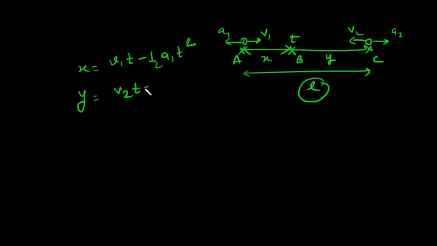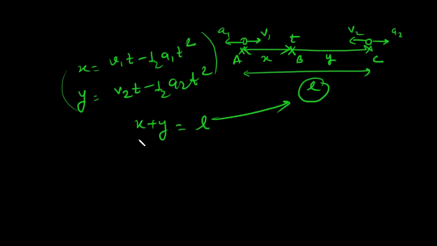Y would be v2T minus half a2T square. Why same T? Because they have reached this point B in time T. So X plus Y would be L, equal to (v1 plus v2) T minus half (a1 plus a2) T square.